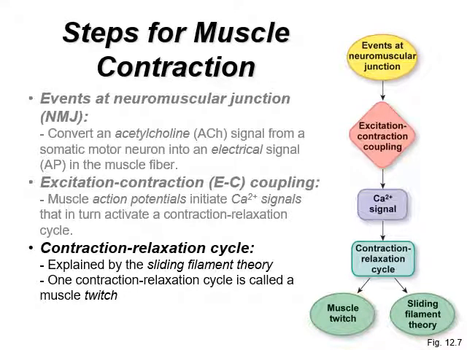We have the ones at the neuromuscular junction, that's going to be with our motor neuron. We have excitation-contraction coupling. And we have the contraction-relaxation cycle. These all three have to take place to give us a successful muscle contraction.